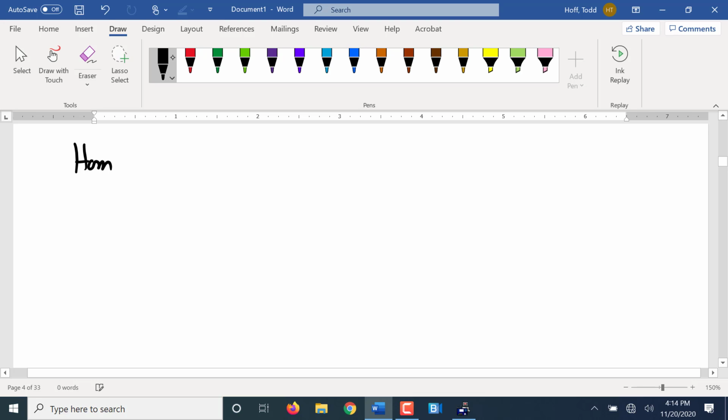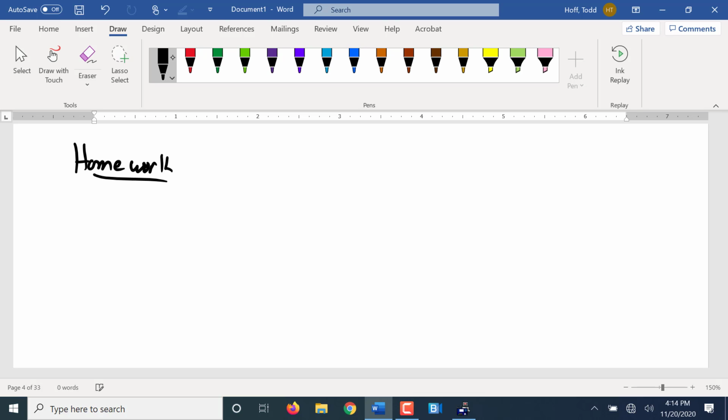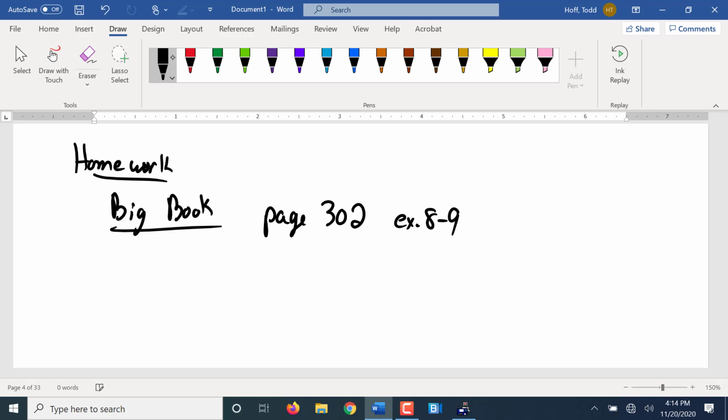Okay, if you guys give me about 6 or 7 minutes worth of homework, we'll let you out of here. We're going to be looking in the big book. There's actually like 4 pages here. Page 302, exercise 8, actually 302 is not correct for your book. I believe it's page 253, exercise 8-9.